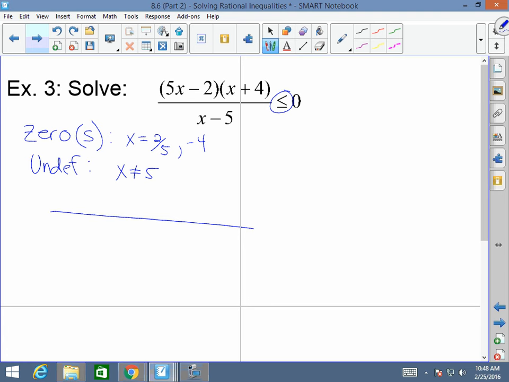Now, the 1, 2, 3 pattern is going to change because now we're going to have 4 intervals. I've got my negative 4, which it can totally be, my 2/5, which it can totally be. Here's my 0. I always put my 0 in there because that way I have a reference point on the graph. And I have my 5, which it cannot be.